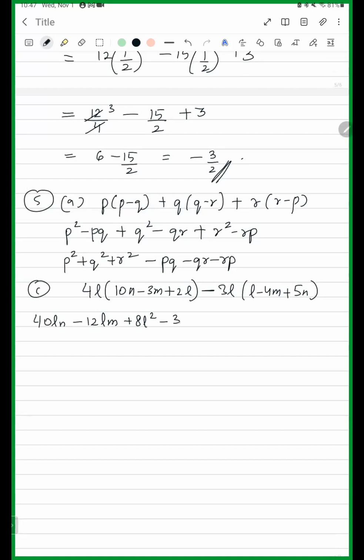Then plus 12 lm. Very good. Then minus 15 ln.